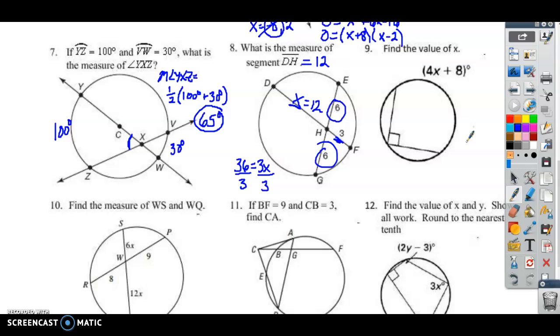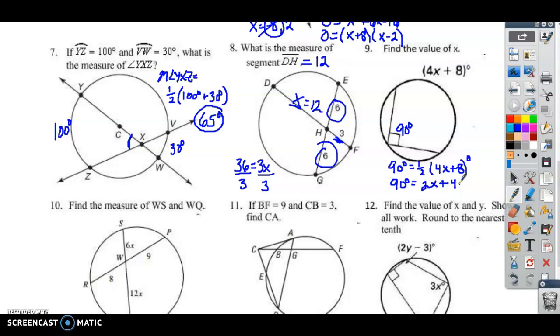Find the value of x. Well, we know that this angle here is a right angle. So this angle measures 90 degrees. But it measures half its intercepted arc. So 90 degrees equals 1/2 of (4x plus 8). By the way, that's degrees. We'll take half of all of that. So we get 90 degrees equals 2x plus 4. Excuse me, 2x plus 4.